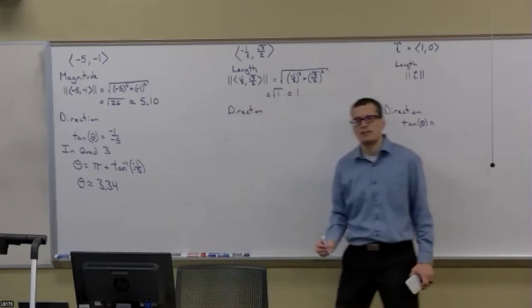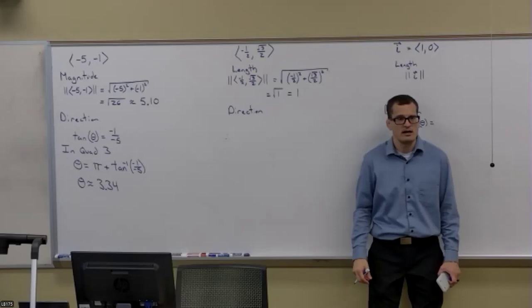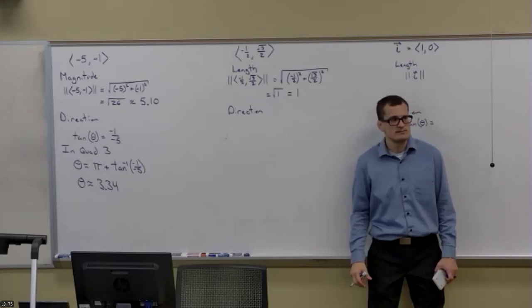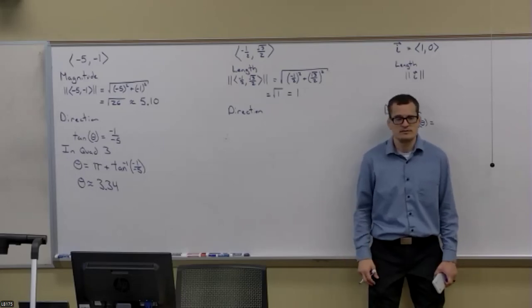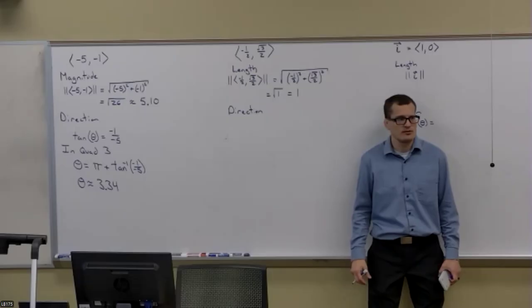By the way, we probably already knew that because when we dealt with trig stuff, this was one of the points on the unit circle. 1/2, √3 over 2, or -1/2, √3 over 2. That was a nice point on the unit circle, right?